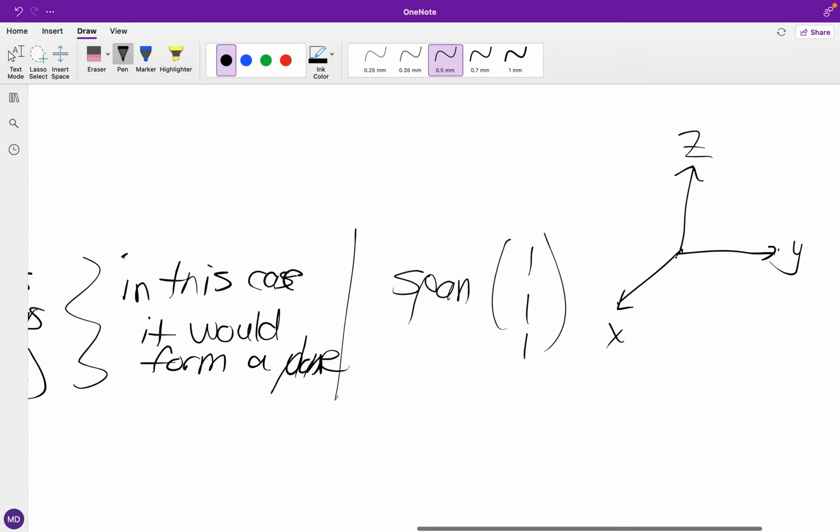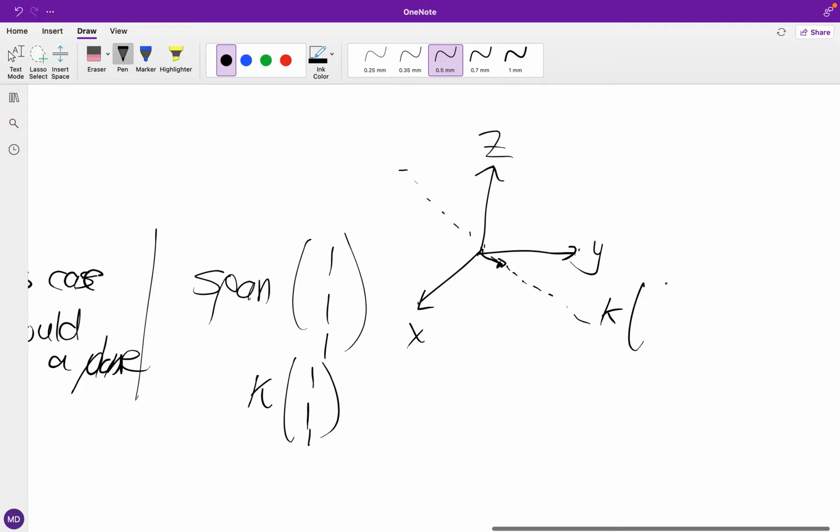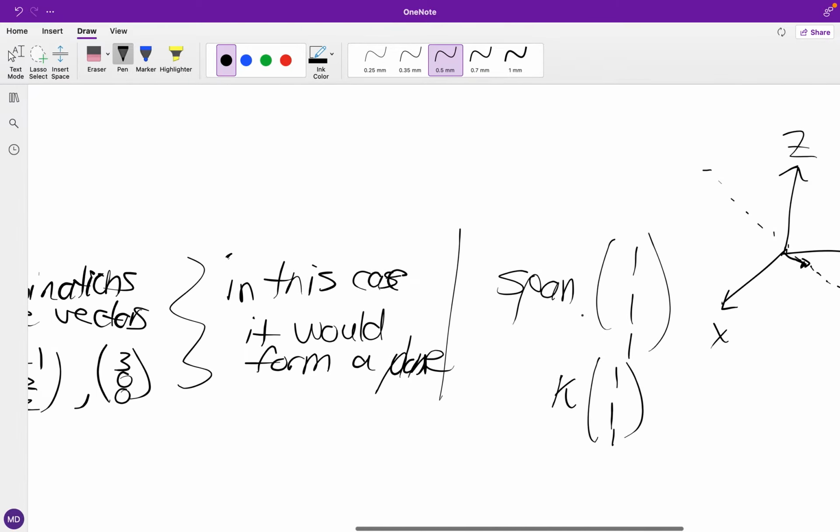We would place our 1, 1, 1 vector here, pointing this way, kind of out of the screen. So the span of that would be all combinations of 1, 1, 1, which is just equal to some scalar times the vector 1, 1, 1. You can take any combination of that. You can take 2 times that, etc. So the span of this vector would just form a line. This would be the line k times 1, 1, 1. So that's just a quick idea of what span means.